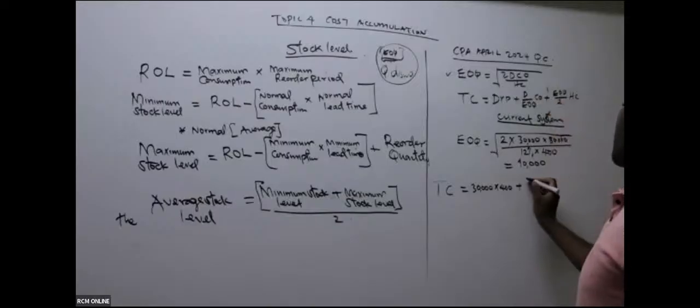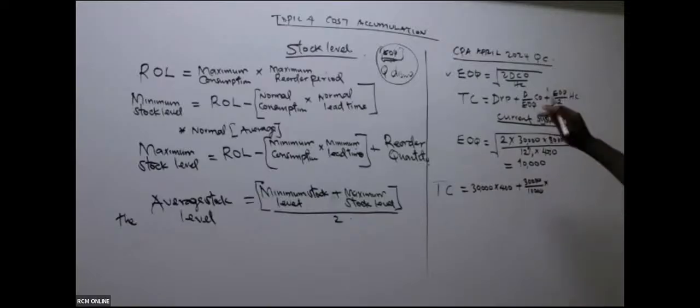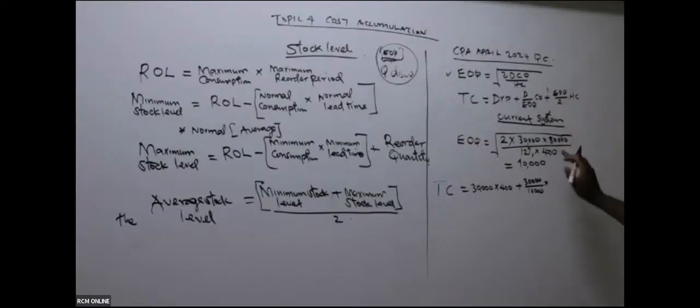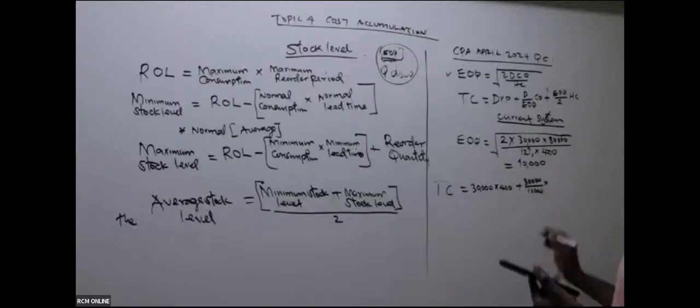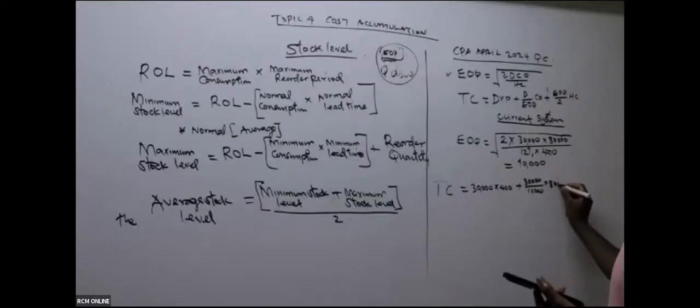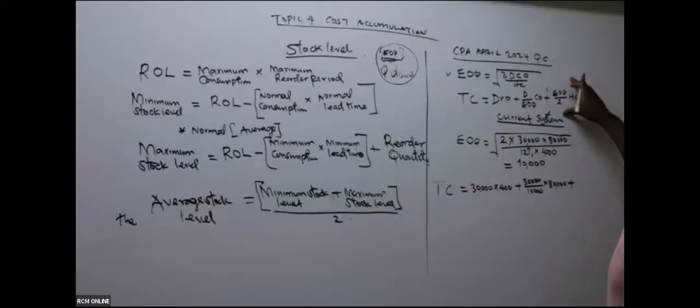So ordering cost is demand, which is 30,000, divided by economic order quantity, 10,000, multiplied by ordering cost per order, 80,000. Then to that, we need to add total holding cost.